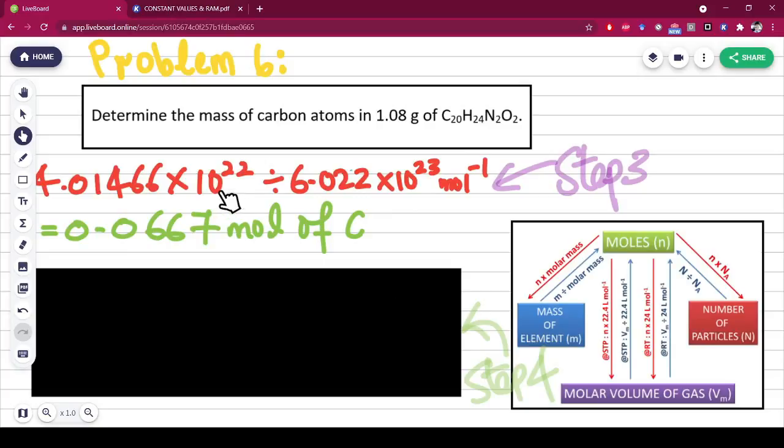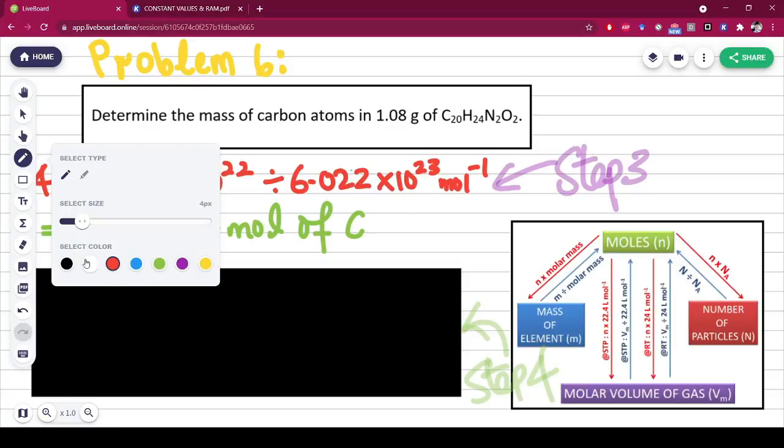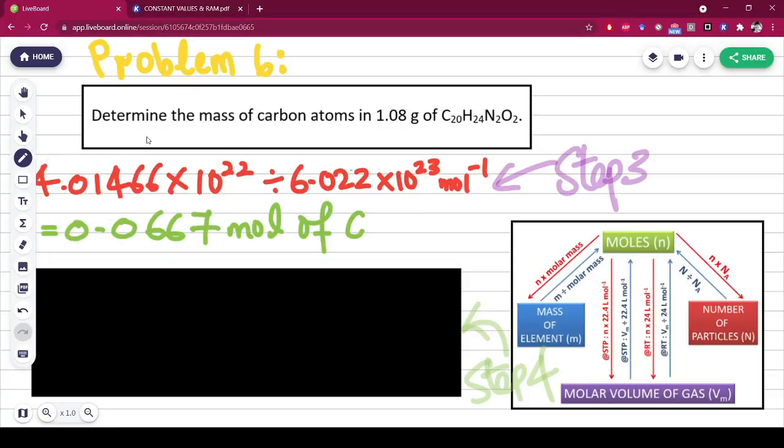I'll try to highlight that again. So that is the number of carbon atoms, and you divide with Avogadro's constant to get the number of moles of carbon. So this is the number of mole of carbon atoms inside that molecule.